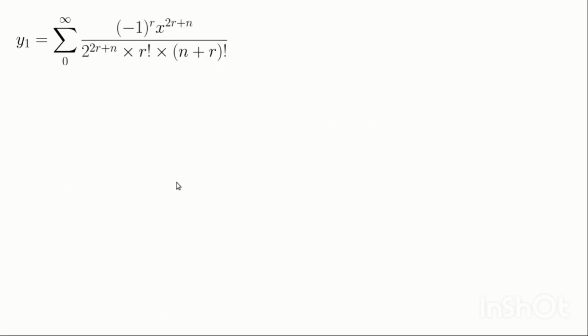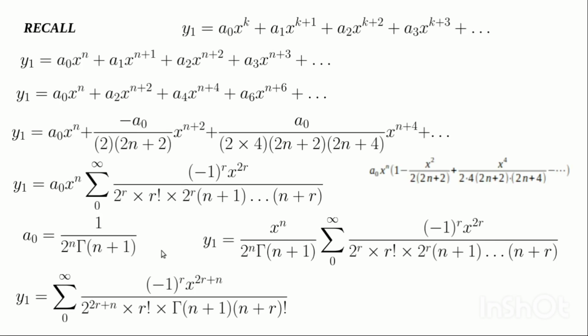So we move on to the next stage, which is saying that, let's go back, this expansion here will give us n plus r factorial. Take note, if you simplify this one alone, it's saying n plus 1 times n plus 2 times n plus 3, right? So this one starts from n plus 1 down to n plus r.